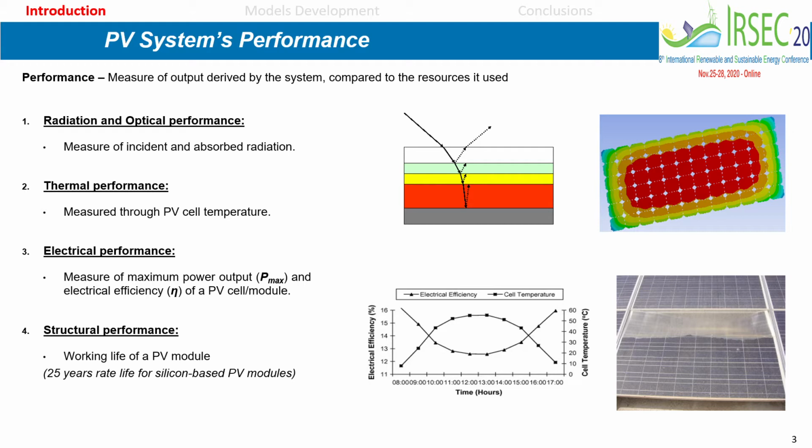And then also the structural performance. These PV modules will fatigue over time, and certainly they will degrade, their efficiency will degrade until they fail completely. So these are the measures of performance, and I will talk about all four parts in terms of modeling and simulation.